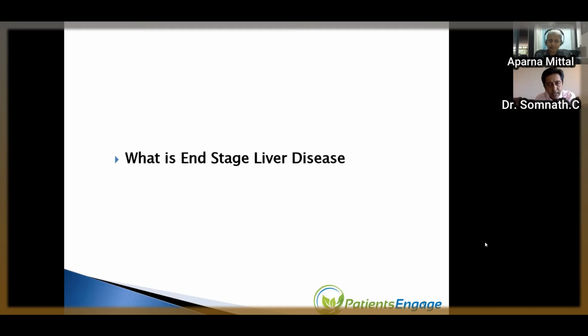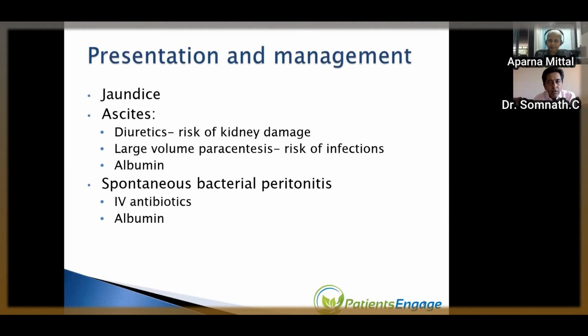It's usually a characteristic of when you start developing complications of liver cirrhosis. That is called the end-stage liver disease. Can we go to the next slide? So I'll talk about the main symptoms that we see when we tell someone that you have complicated liver cirrhosis or complications of liver cirrhosis or end-stage liver disease.